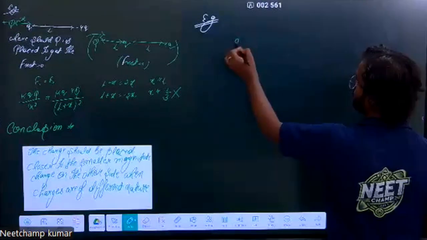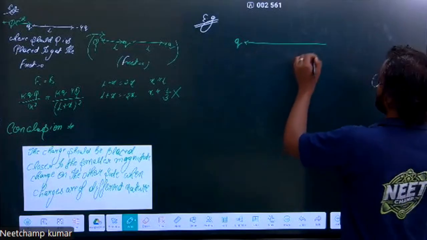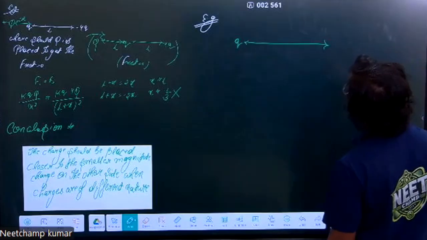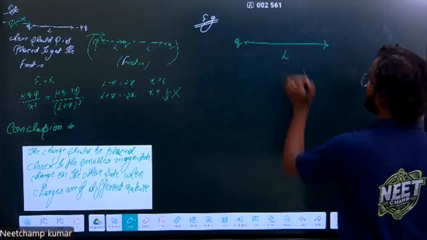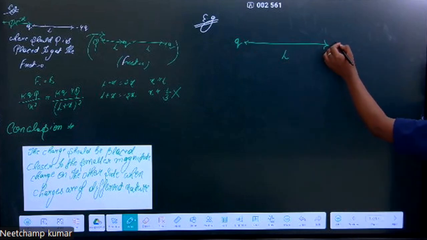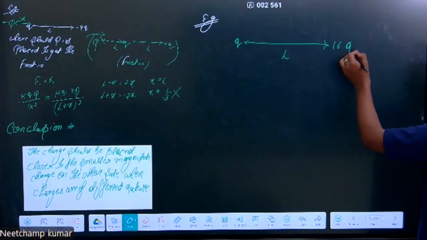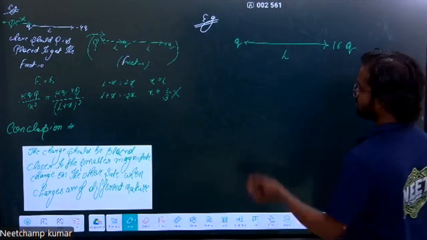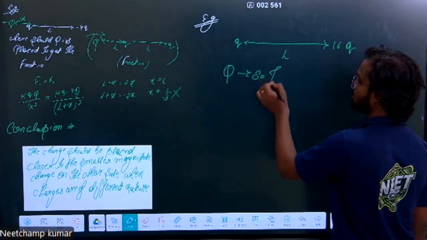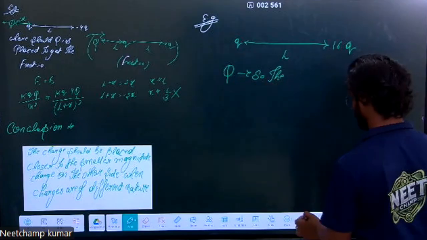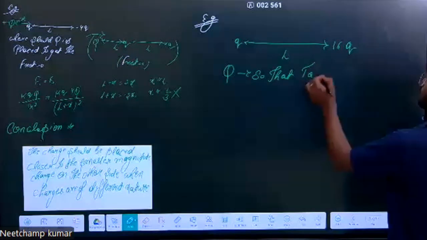Suppose there is a charge Q, and suppose the distance is L, and suppose this is 16Q. I want to place a charge q so that total F net is 0.